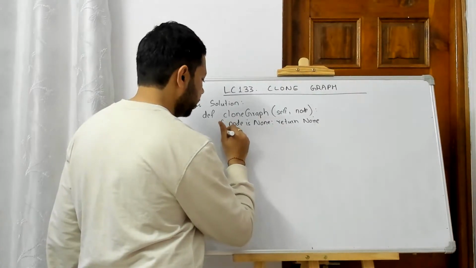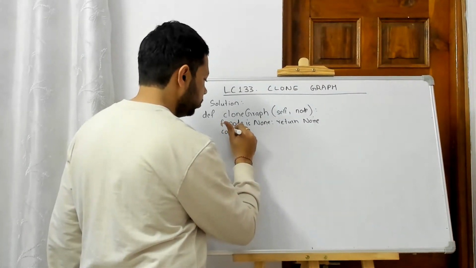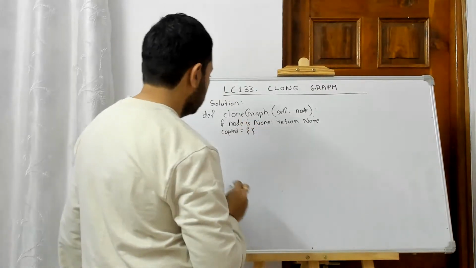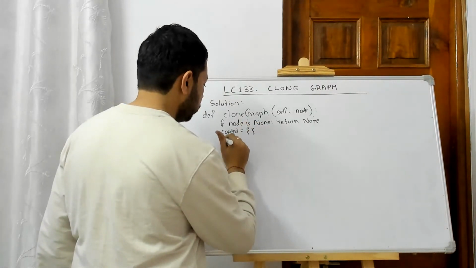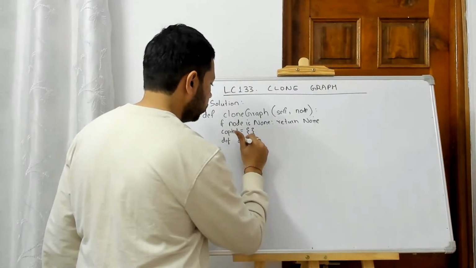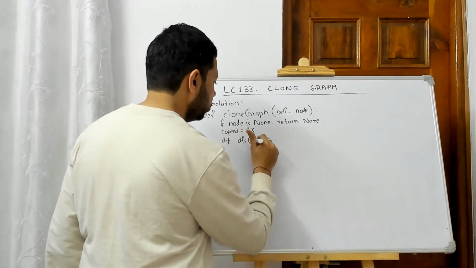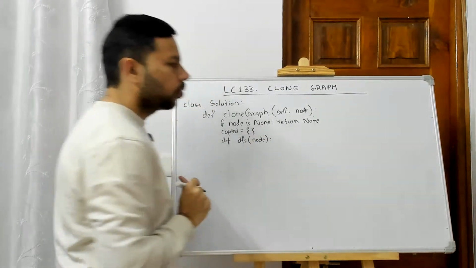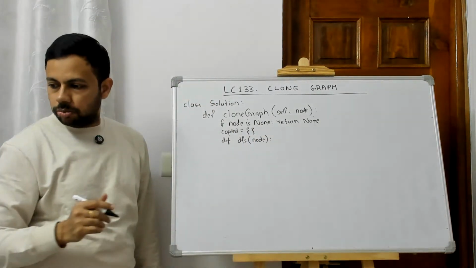I call it copied. This is the map. Now I define a DFS. This takes a node, and what does it do?